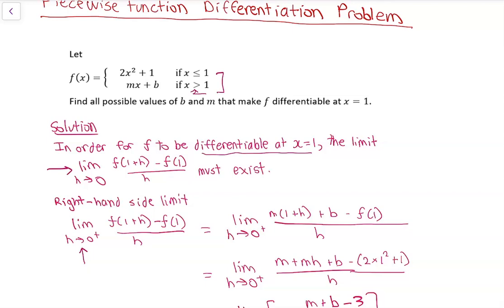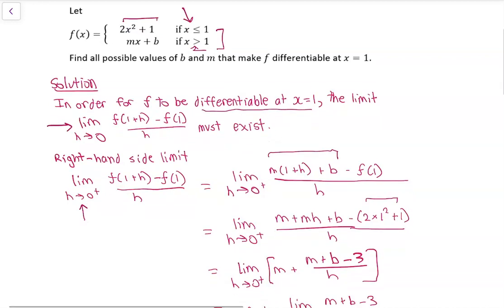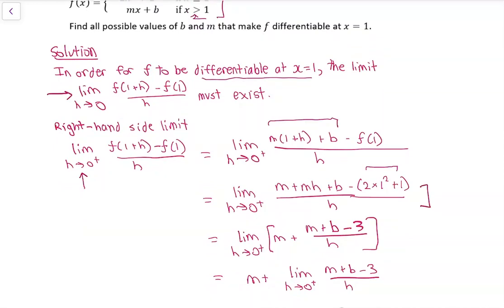So we have 1 plus h is greater than 1, so we'll be using the mx plus b formula over here, and f of 1 can be written as 2 times 1 squared plus 1. This is because the 2 times x squared plus 1 formula applies when x is at most 1, and this includes x equals 1 itself. So we can rewrite the limit like this, and also expanding the m times 1 plus h out into this.